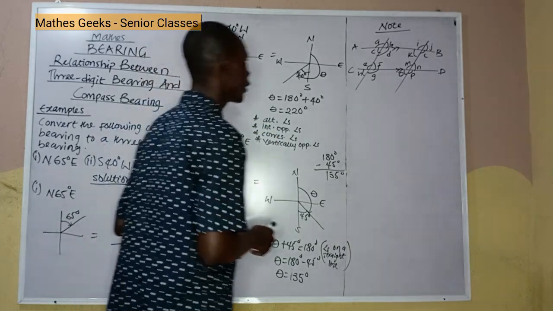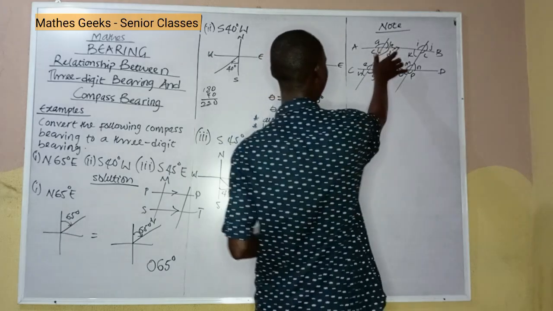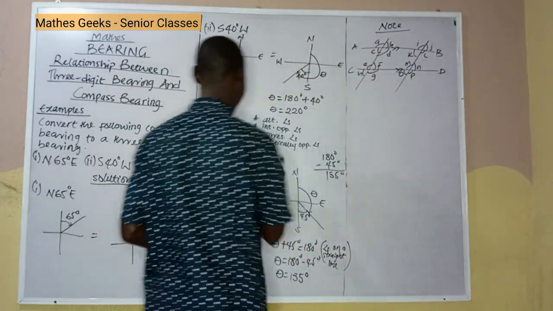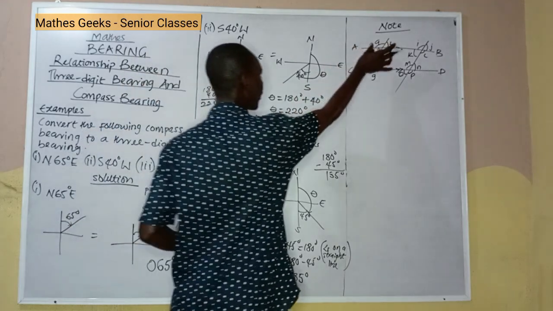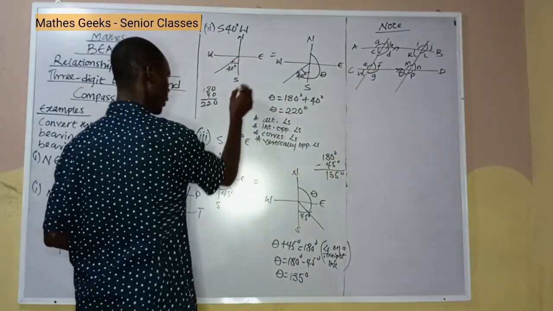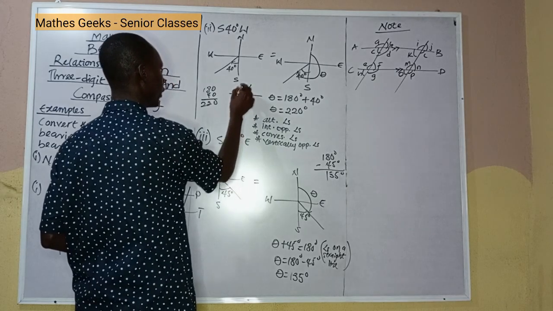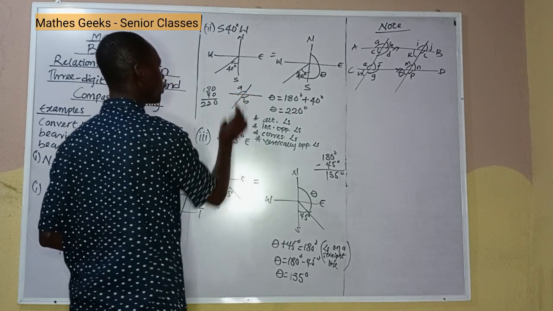Okay, so let's look at what we have here. Whenever a line cuts, let me just use this part. So what we have there is something like this, and then like this. So we have A and B. What do you notice?